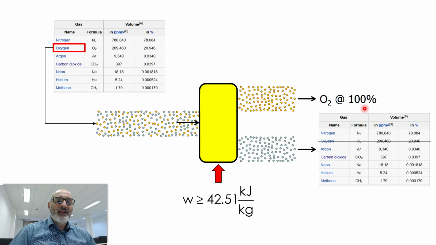But by having oxygen at 100% here, I'm going to spend this amount of work. Remember, 42.51 kilojoules per kilogram was the minimum amount of work. If the world was perfect, that's what I would spend. But the world is not perfect, so we're going to spend more than 42.51. It is the minimum amount of work that theoretically I can spend.